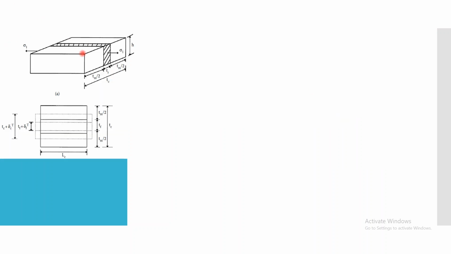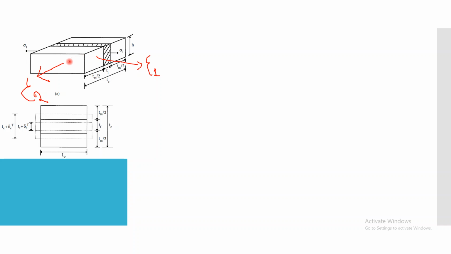Let us have the definition once again with respect to this figure. If I apply the load in this direction, this is the longitudinal direction. There are strains developed in this direction also, which you can represent as epsilon 1 here and epsilon 2 here. When I take these two ratios, this is normal strain because it is perpendicular, and this one is also perpendicular.